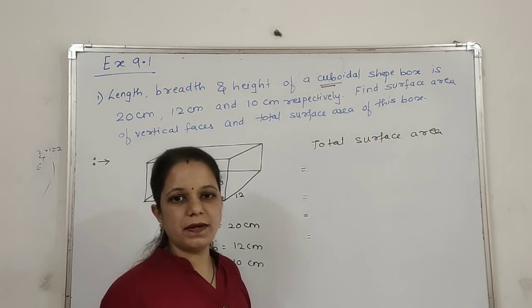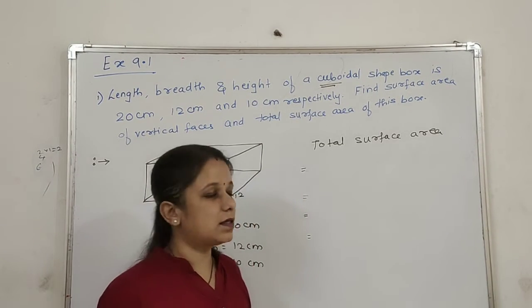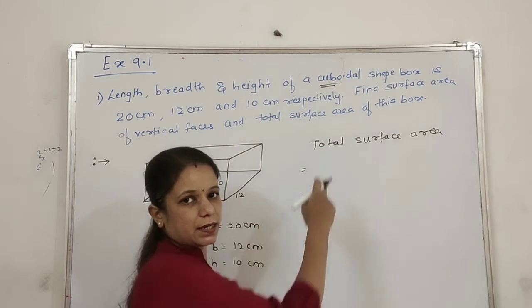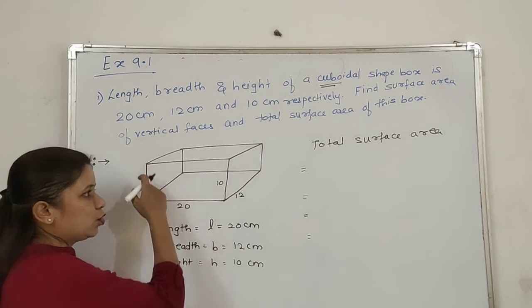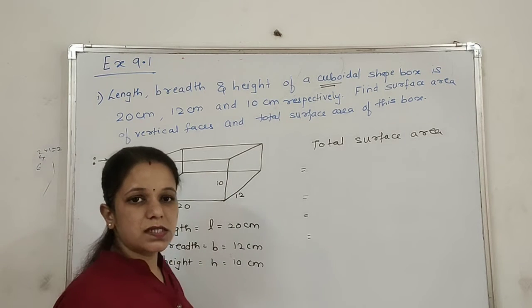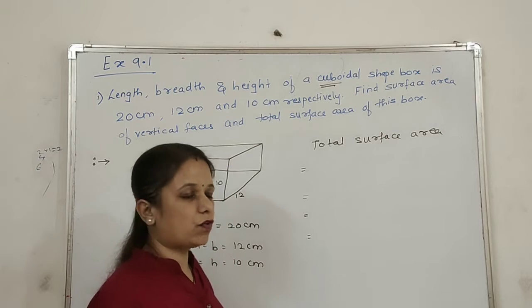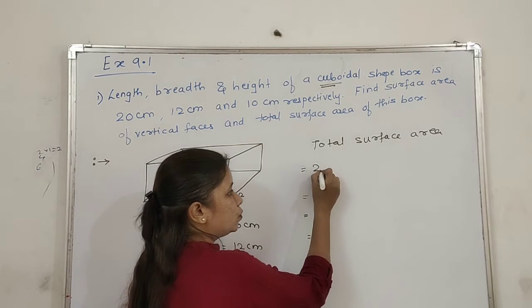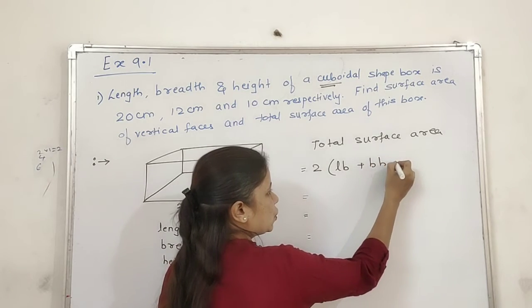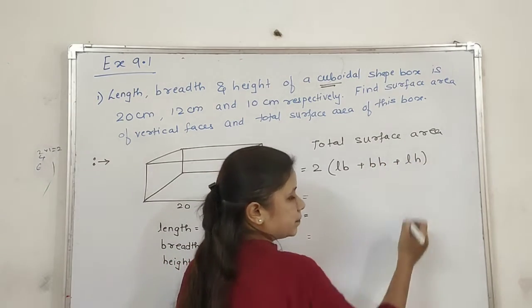Okay, now we will come to the second part of the question. The second part, we have to calculate total surface area. It is cuboid. Dimensions I have written. Total surface area is given by the formula 2 (LB plus BH plus LH).